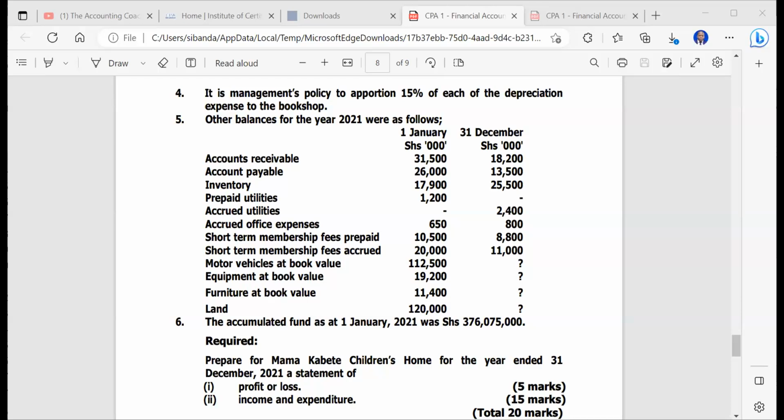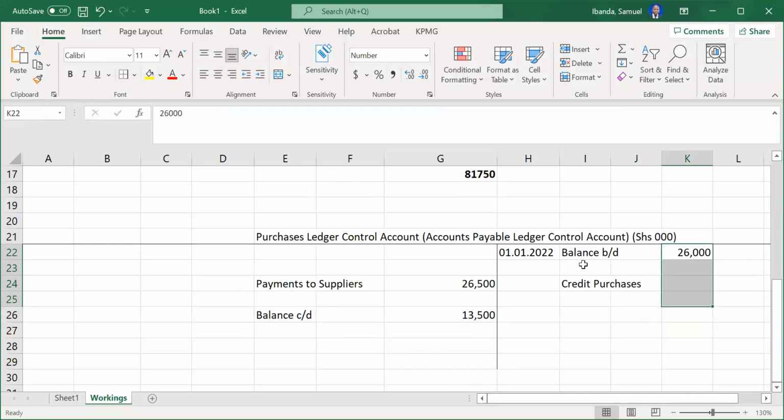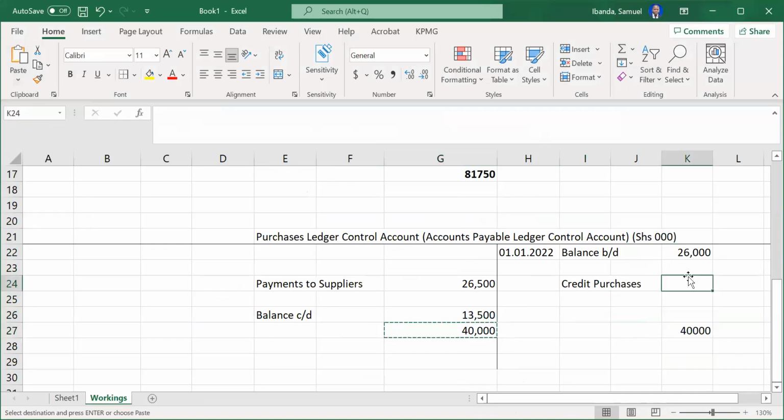In the same way, this total should balance with this total. This side I have 40,000, this side I have 26,000, which means that my credit purchases will be the difference. I have 40,000 here, and I should also have 40,000 here, so I'm just going to get the difference. Again, you don't call it balance carried down, you balance off, because you already have the balances.